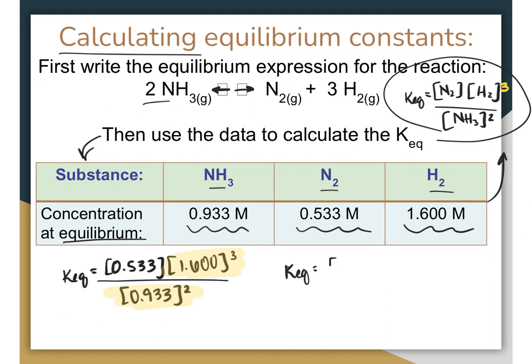So the 0.533 stays the same. 1.60 to the third power is going to become 4.096. My denominator, I'm squaring that 0.933, that becomes 0.870489. Then I can go through and do my dividing, and it's going to be equal to 1.9.